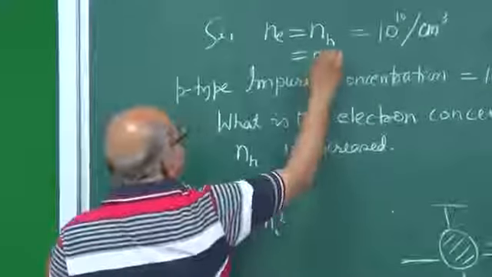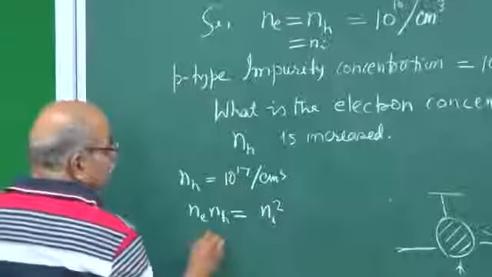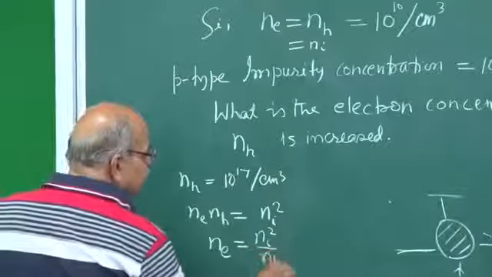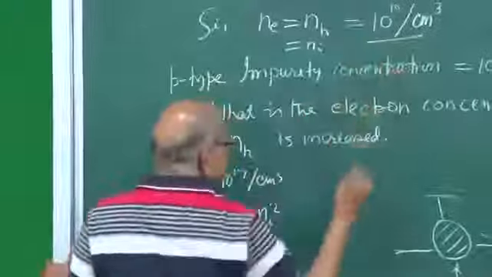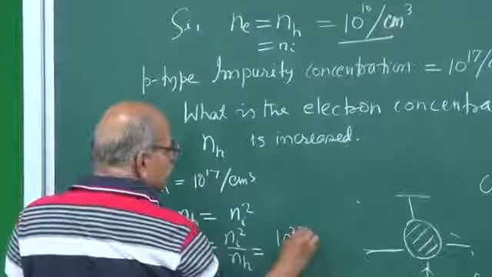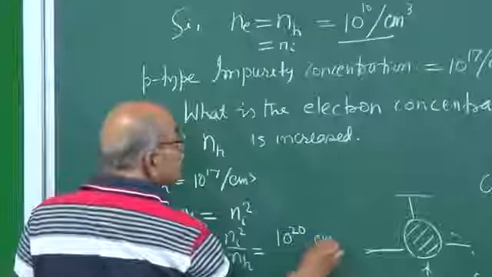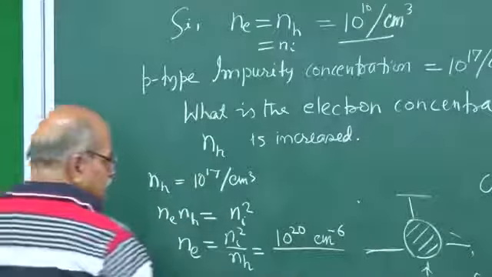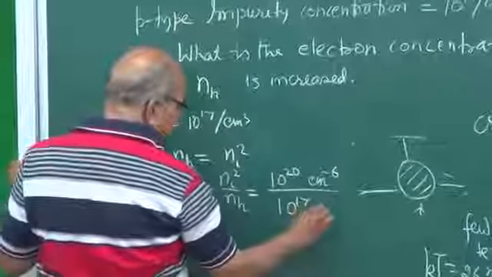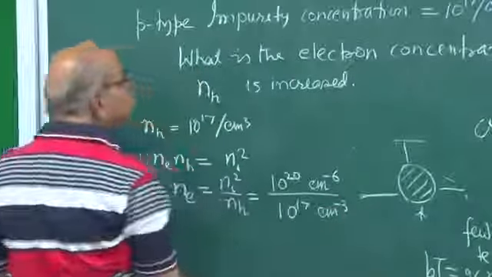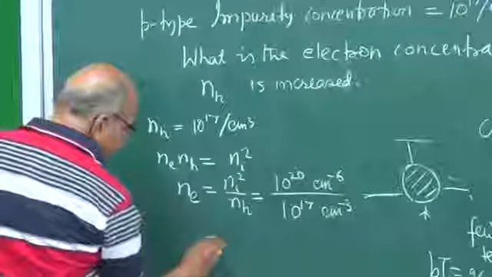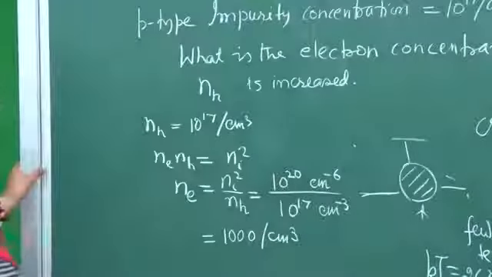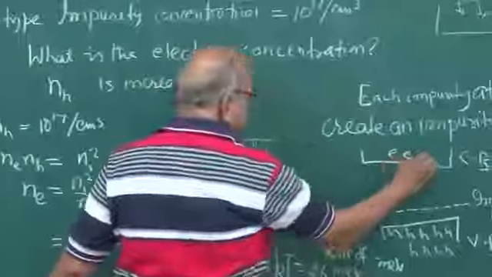Therefore Ne is equal to Ni square divided by NH, and Ni square is 10 to the power 10 into 10 to the power 10, that is 10 to the power 20 centimeter power minus 6, and NH is 10 power 17 per centimeter cube, which gives just 1000 per centimeter cube. So this will be the number of electrons here.